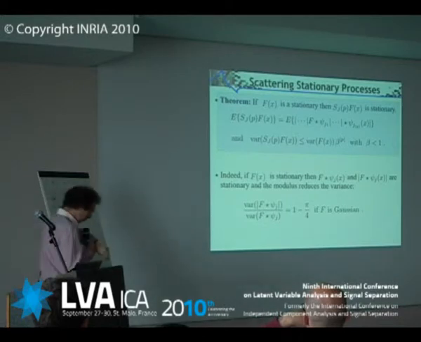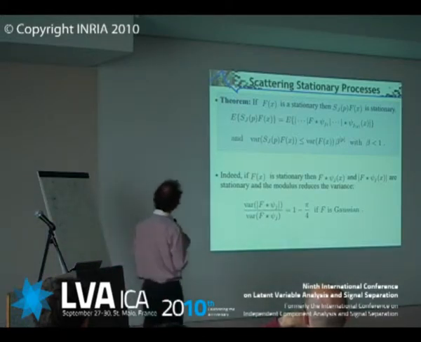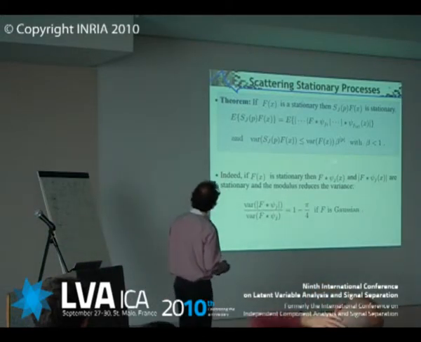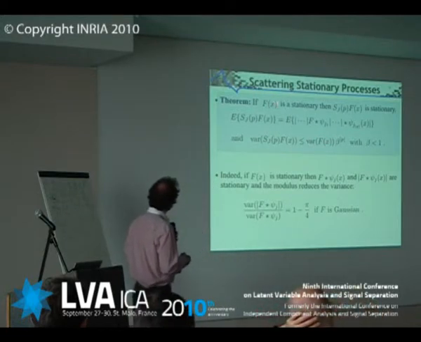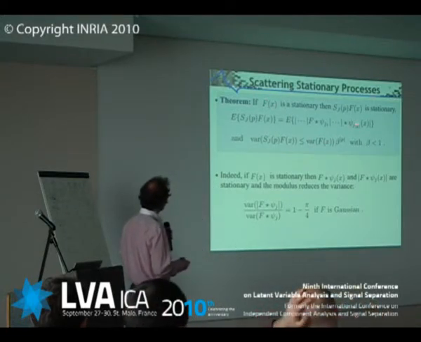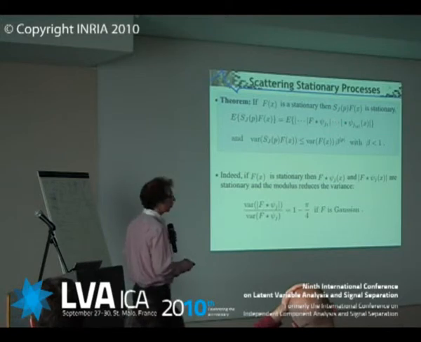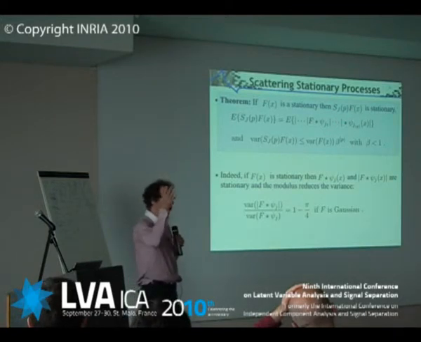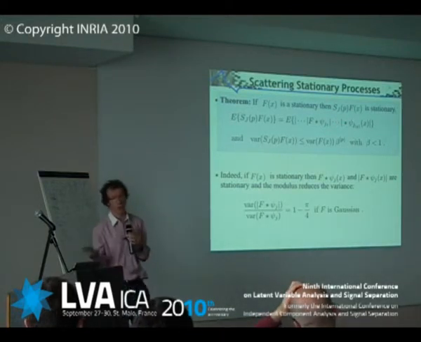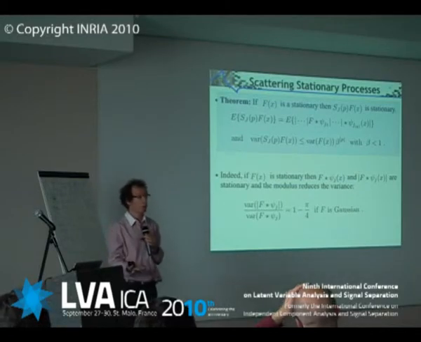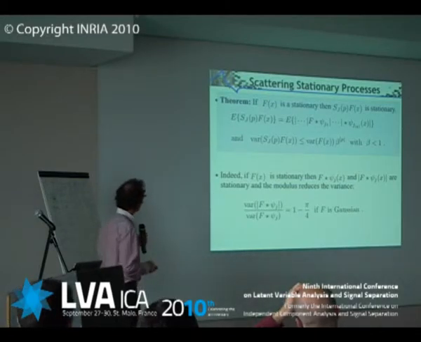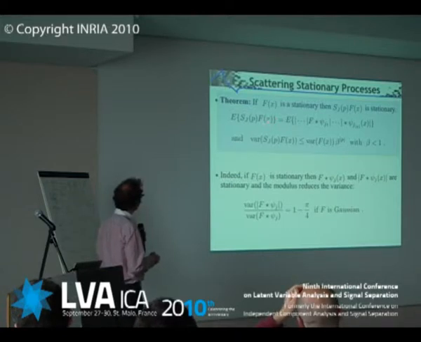Okay, before moving to the application, let's look at stationary processes. If you have a stationary process, then the transformation is also stationary because the transformation is a convolution, stationary stays stationary, and modulus stationary stays stationary. If I look at the expected value of the transform, it's not going to depend upon x.